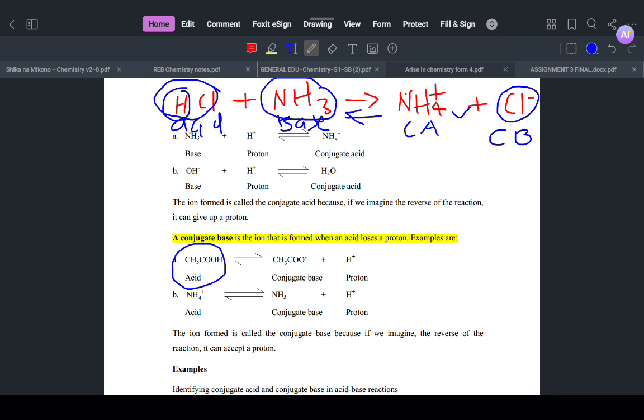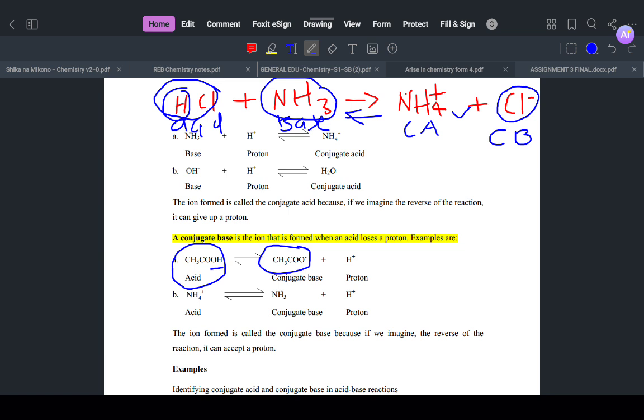When ethanoic acid loses its proton, the hydrogen ion, what will remain is this ion without the hydrogen ion at the end. So it becomes a conjugate base.